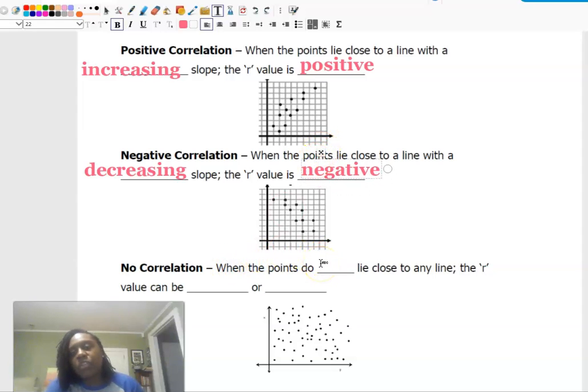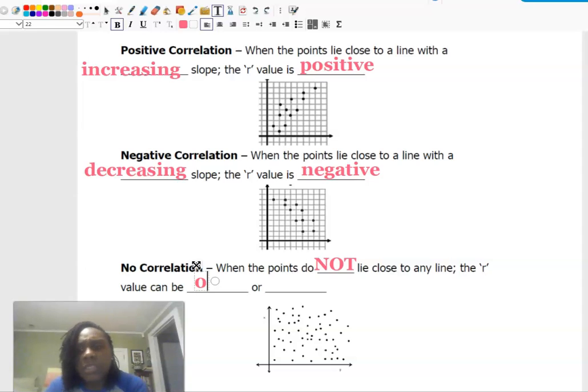All right, so when points do not lie close to any line, they're really just kind of scattered. Typically, we're looking for values that are close to 0.